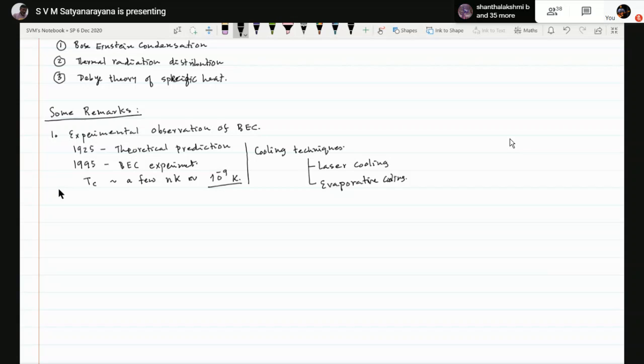This BEC is a phenomenon that occurs in an ideal Bose gas.